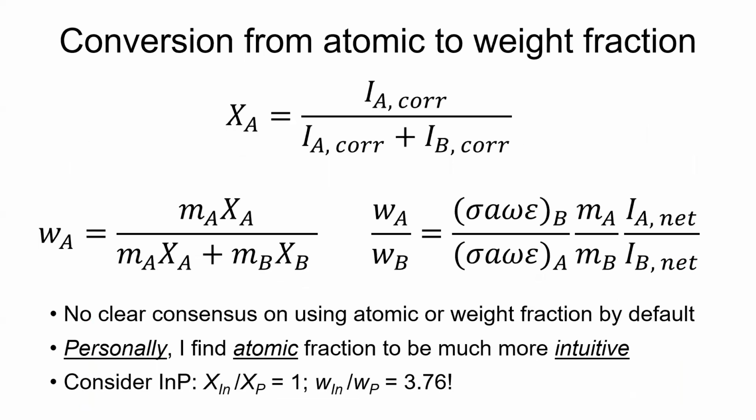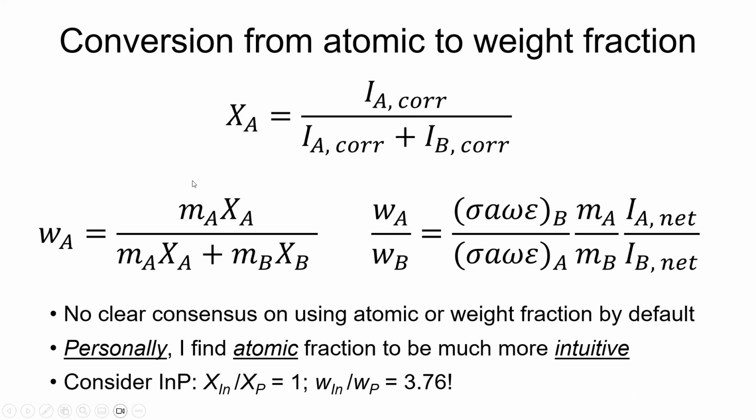All right. So there is some discrepancy as to what the convention is. Do I use atomic fraction or do I use weight percent? So as I have written it, you have atomic fraction is equal to the ratio of the corrected counts to the sum of the corrected counts.